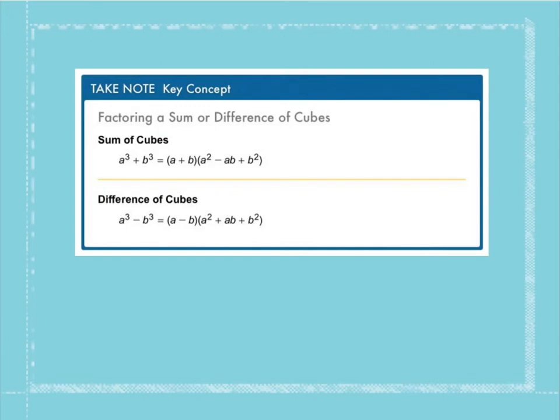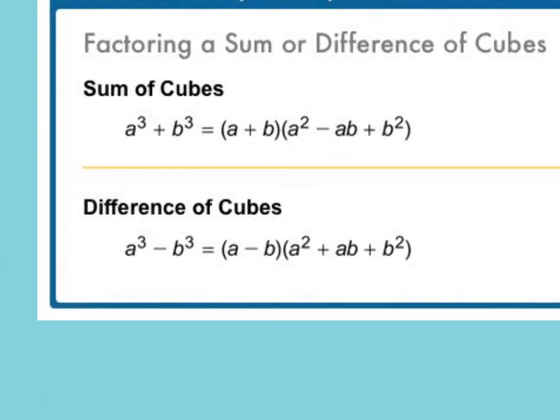All right, next we have factoring with the sum or difference of cubes. So we've done the sum and difference of squares, but now we have an x cubed, so it's a little different. So if we have the sum of cubes, so let's say we have a cubed plus b cubed, we're going to find out what our a and our b are, and we're just going to put it into this formula here.